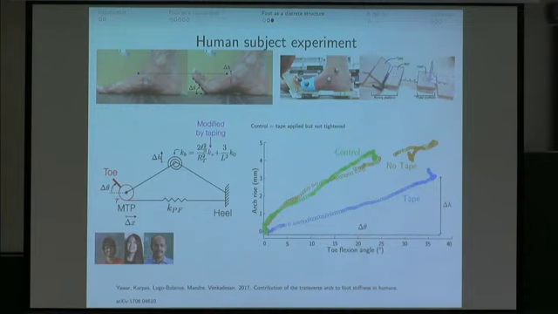So there are two conditions. There is an untaped condition and there is a taped condition. In fact, there is a third condition called the control, in which they just wrapped the tape but did not tighten it, just to see if there was any difference from the presence of the tape. If you have no tape, as a function of the toe flexion angle, the arch rises a certain amount.